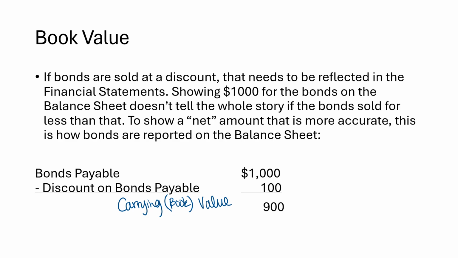So the way that we report that on the balance sheet is by showing bonds payable, which will always be the face amount, less the discount, which here was $100, gives you the beginning book value or beginning carrying value of $900. That's actually going to change over time, as you'll see in some journal entries that we make. But this is the beginning book value for the bonds that were issued at a discount.